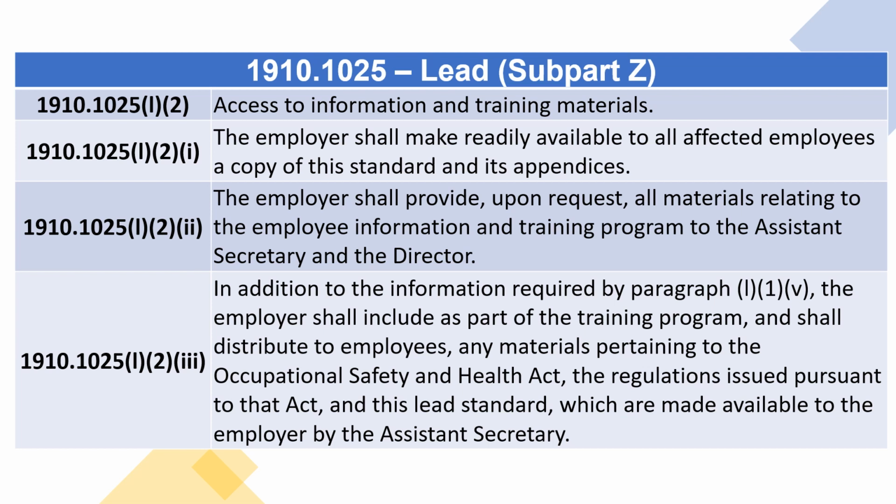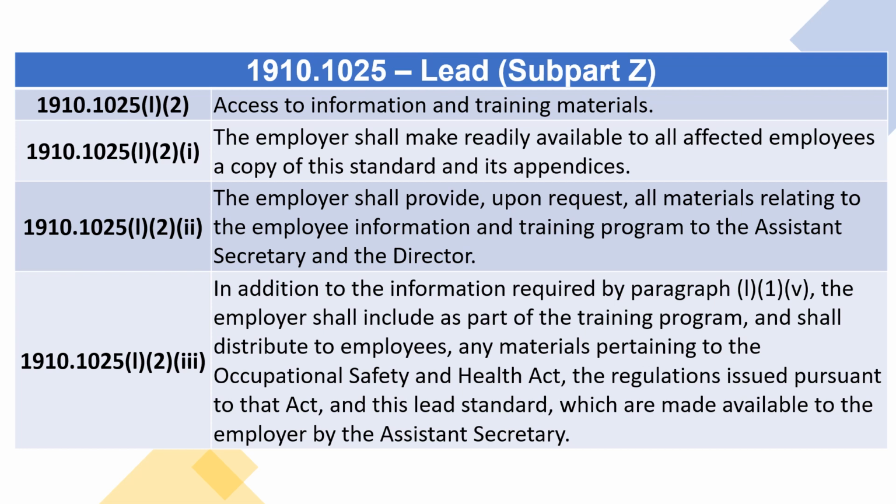1910.1025(l)(2) Access to information and training materials. (i) through (iii). The employer shall make readily available to all affected employees a copy of this standard and its appendices. The employer shall provide, upon request, all materials relating to the employee information and training program to the Assistant Secretary and the Director.